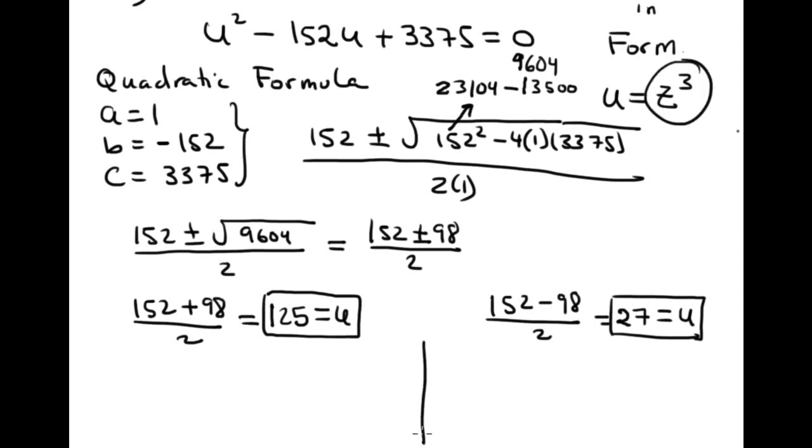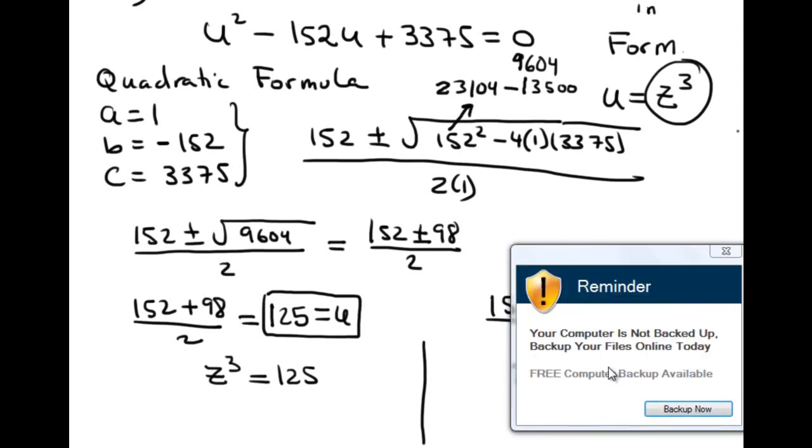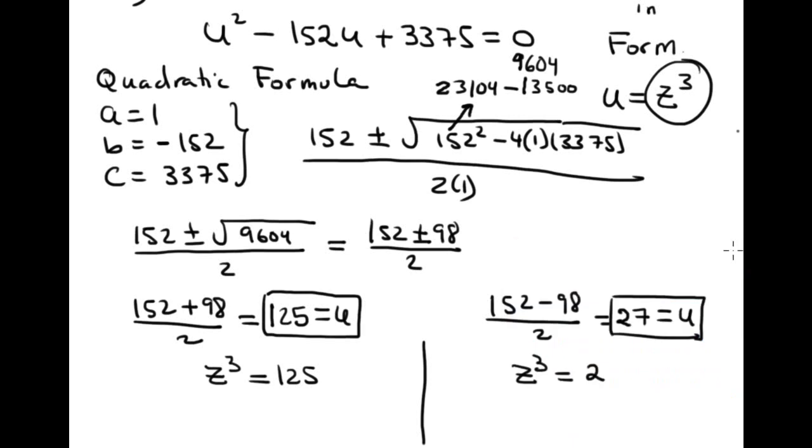So I split the paper here, so we have c cubed equals 125 and c cubed equals 27.